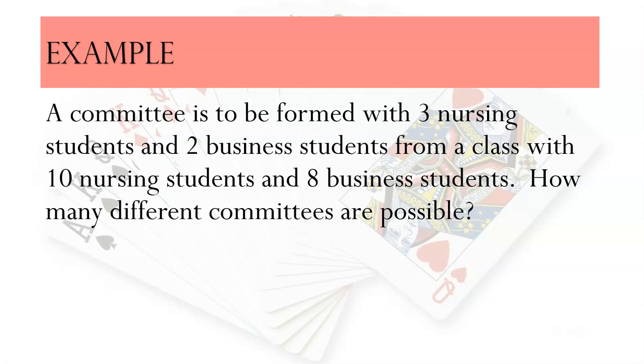The other piece of this is that you're choosing 2 different groups and then combining them together on the same committee. That means you're going to need 2 different nCr's when you calculate this, and you're going to multiply that together using the fundamental counting principle, as if you're talking about appetizers and desserts.